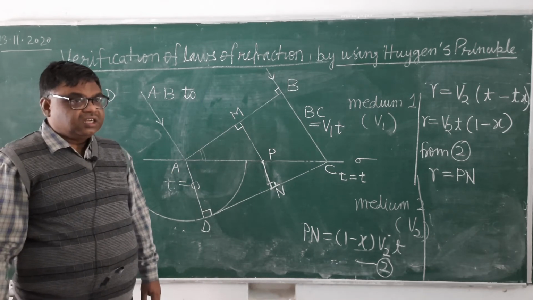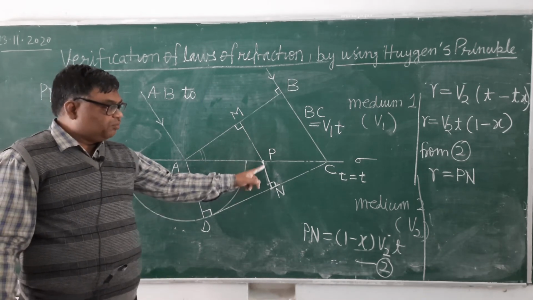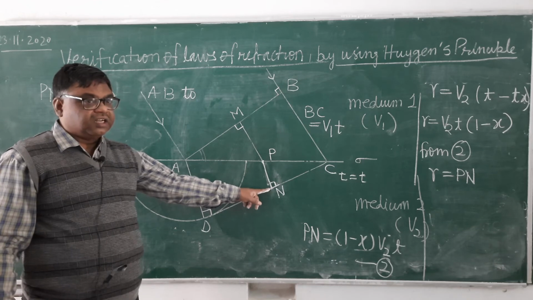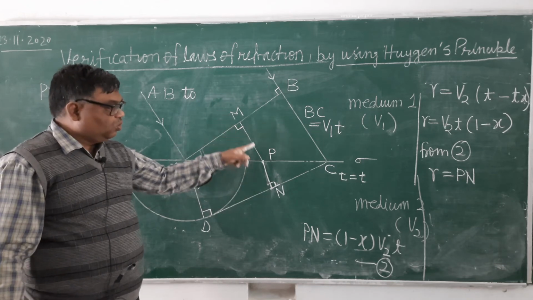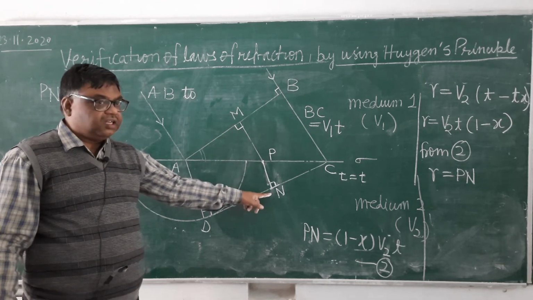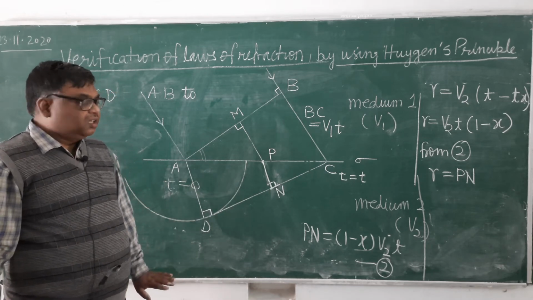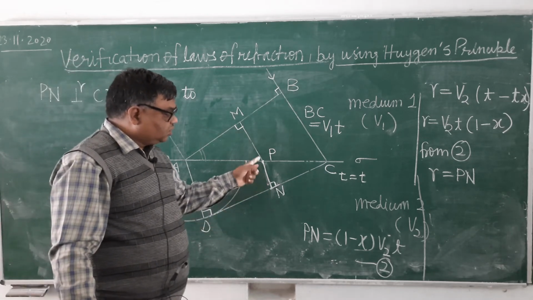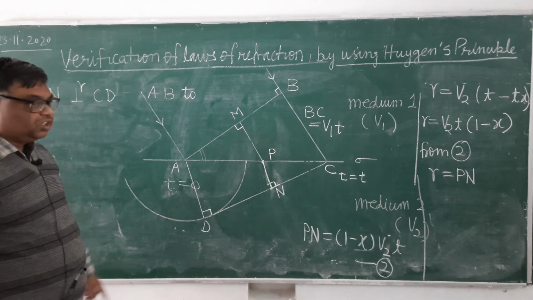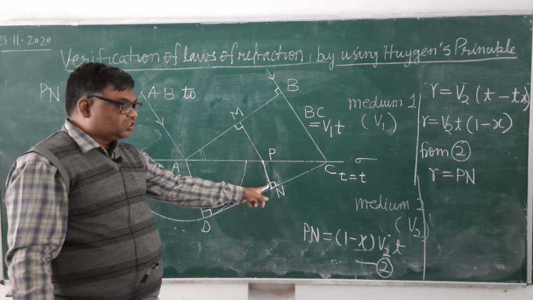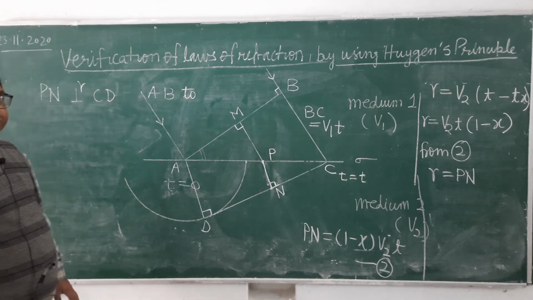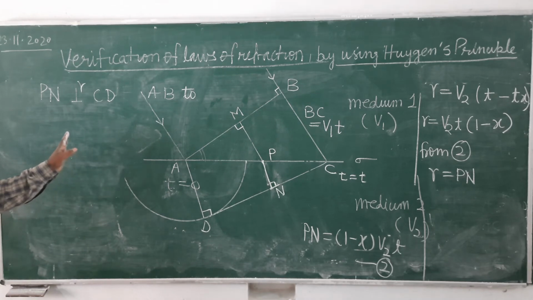It is clear? In time t, they will reach here. Now, since Pn is perpendicular to CD, they will touch the CD at time t, because this is the condition of tangency.